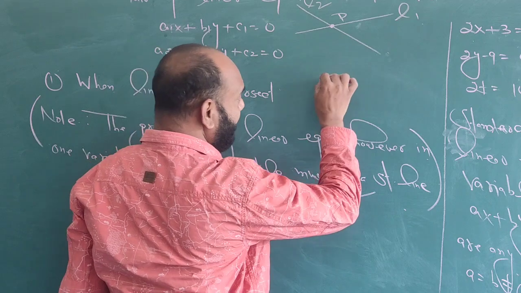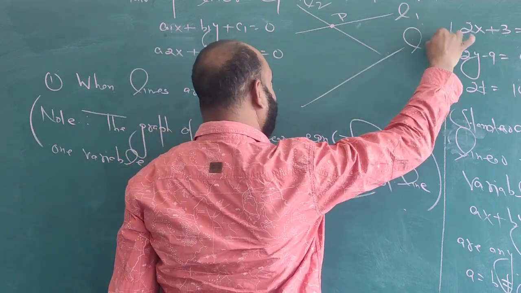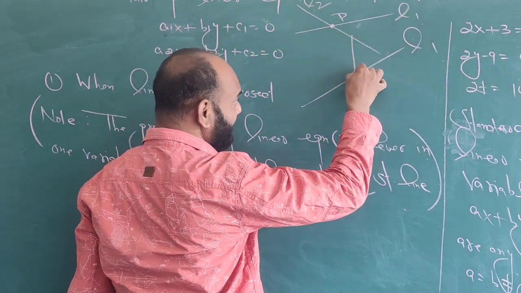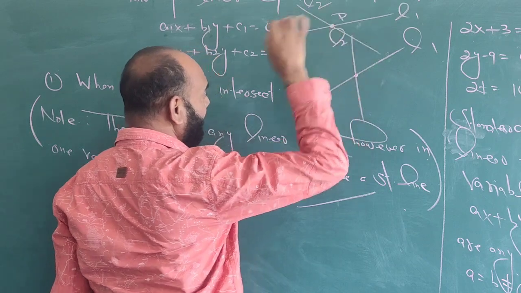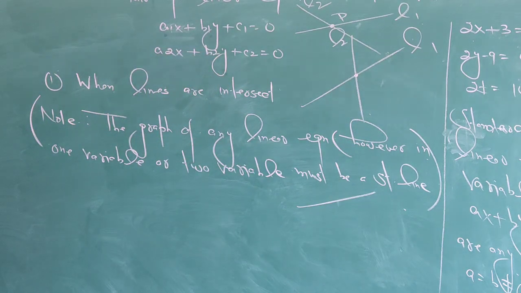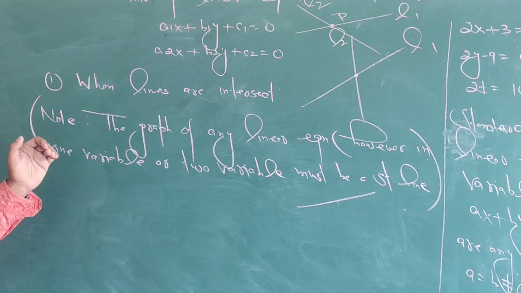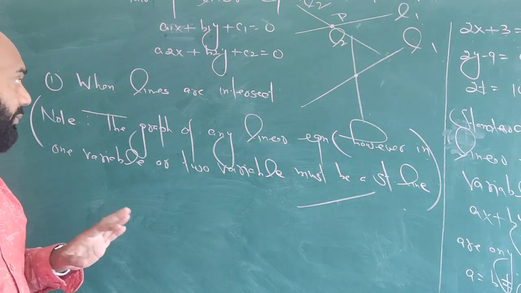We can draw it any time. This is the first line and this is the second line, and they also intersect at one point. So we can say that when any two lines intersect, they intersect at one and only one point.